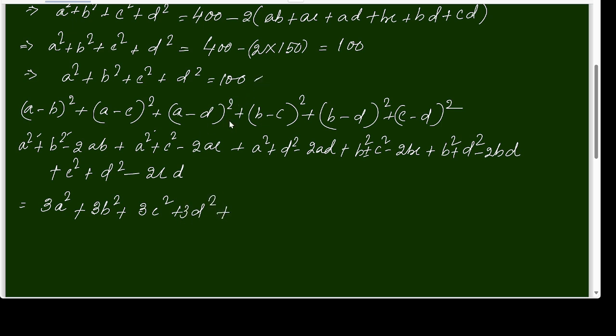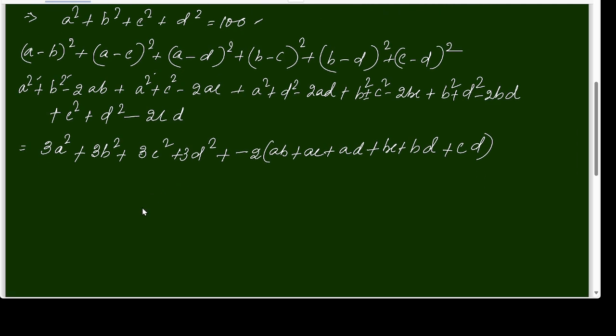So that I can use this one. Next I'll get all minus twice ab plus ac plus ad plus bc plus bd plus cd. Now I'll take common 3 from a square plus b square plus c square plus d square, and minus 2 times this value, which is 150, as we have already used.